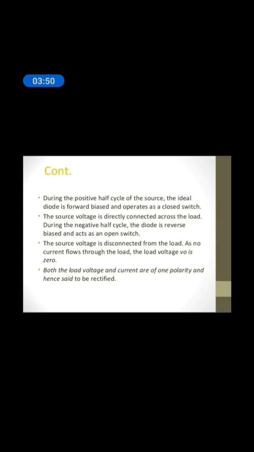In the reverse bias condition, there is no current flowing through the diode and there is no output, so it will behave as an open switch. The source voltage is disconnected from the load as no current flows through the load. That load voltage V0 is 0. Both the load voltage and current are of one polarity and hence said to be rectified.